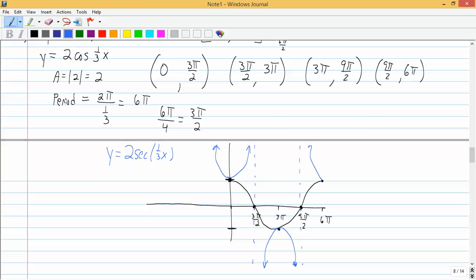So the blue graph that I have up here, that's secant. And so what you want to do is match the graph that we have up with what they have and see which one is the closest. It's either C or D, but if you look really close, I have this U-shaped graph opening downward.